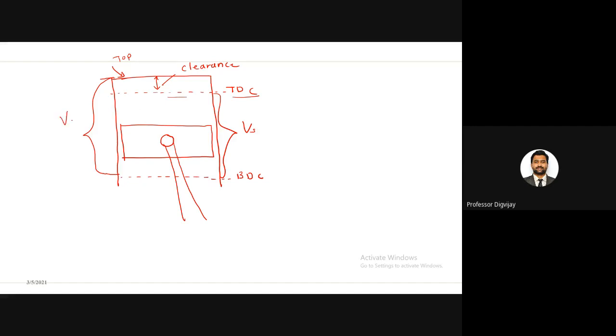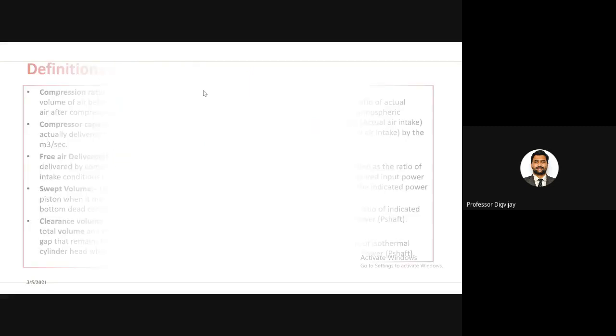The difference between the total volume, VT, minus the swept volume, VS, is nothing but the clearance volume, VC. So this is your clearance volume.